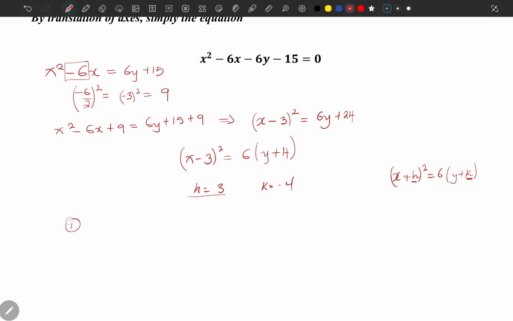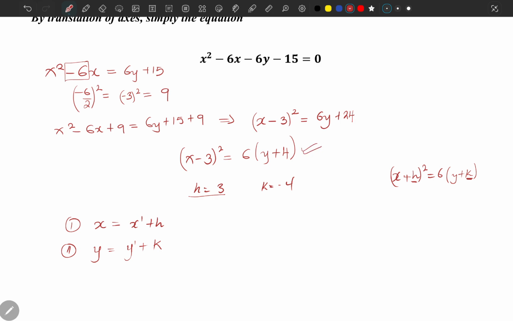The first equation is for x. If you are going from the other one to the Cartesian, we use this. And the other equation is for y, which is this. We use these equations anytime we are trying to do a translation. We are now going to substitute these into here.